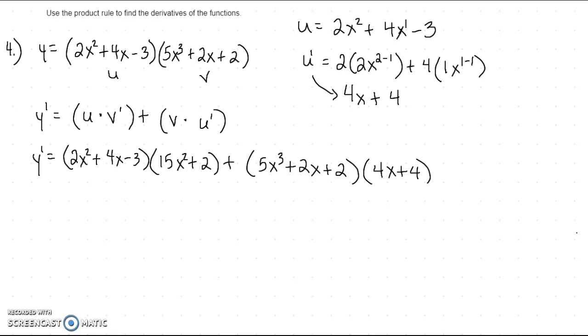Alright, so this is going to get kind of long and drawn out here, but we just have to take this step by step and stay organized, so that way we can simplify this in the most logical order. Okay? So the first thing I'm going to do is distribute the 15x squared into each part here.